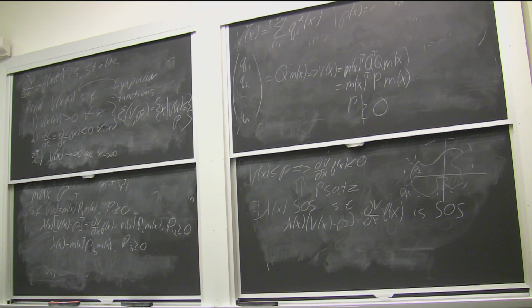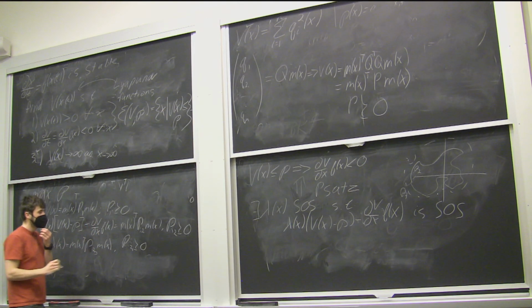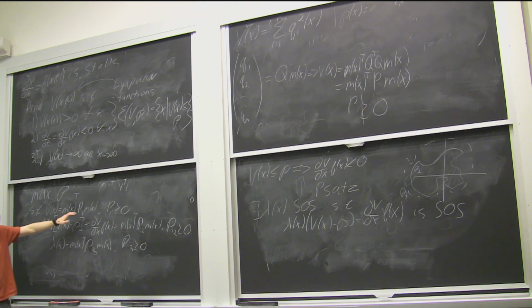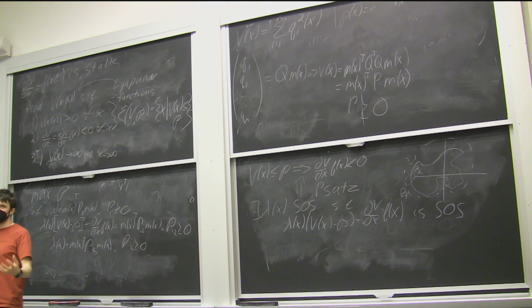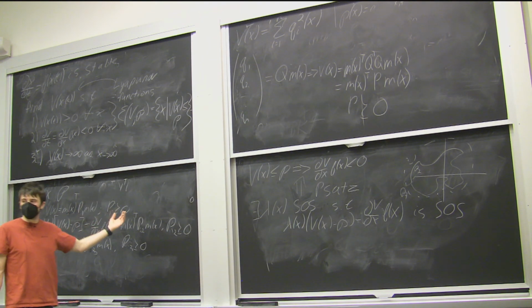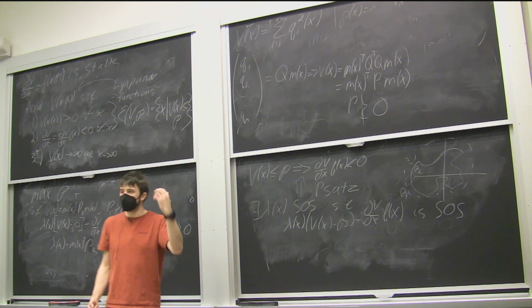So yeah, essentially, now I've written down an optimization problem where I can actually do something, right? Because all of these P's are just semidefinite matrices that I'm looking for. So I can search over them and actually try to find something.